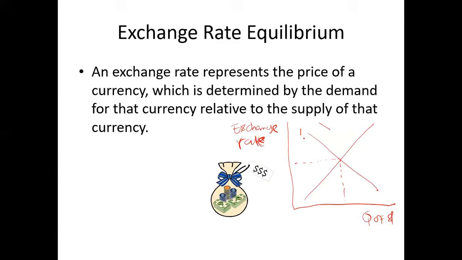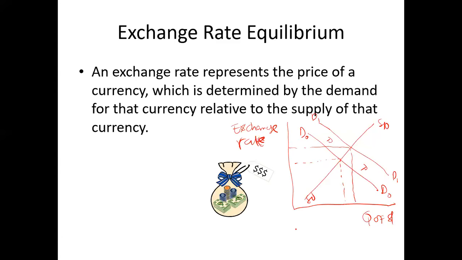So here, what it means is that if people demand more of dollar, holding supply of dollar constant, the exchange rate is going to shoot up. Why do people demand dollar?